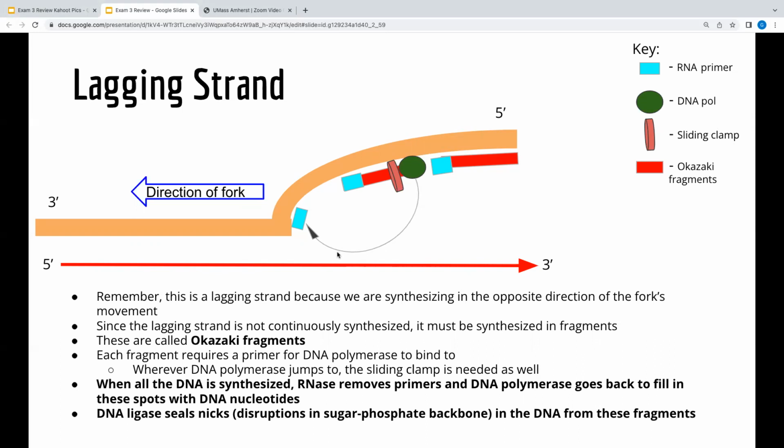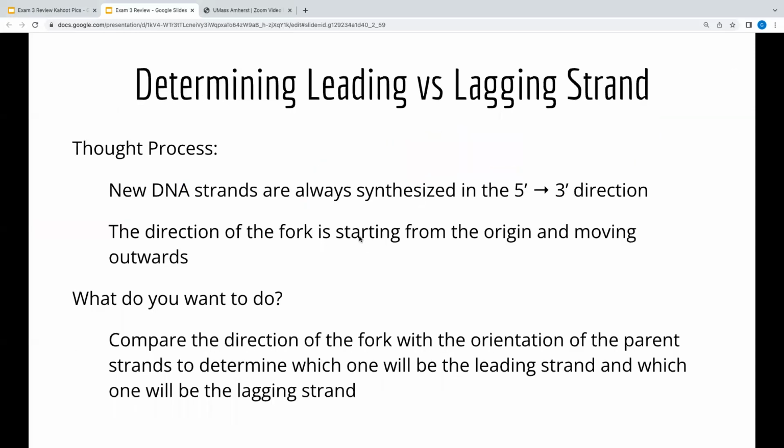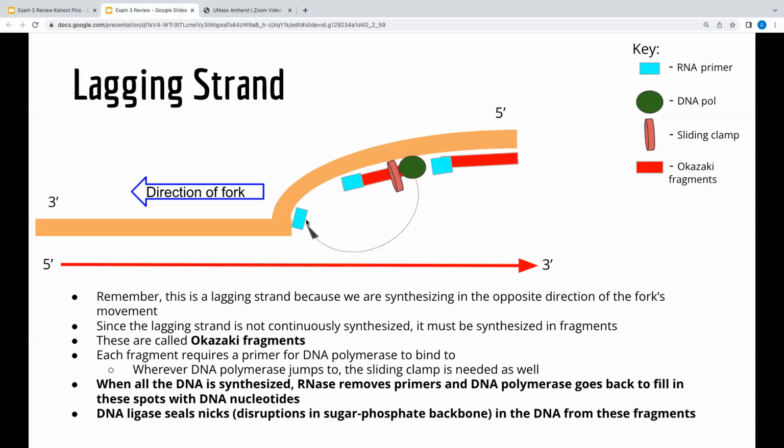RNA primers, as you can see in blue, are added first, and then DNA polymerase is going to come in while attached to the sliding clamp, and it'll synthesize the red, which is DNA, starting off with these RNA primers. It will continue until it reaches the previous RNA primer, then it'll detach and go to the next RNA primer.